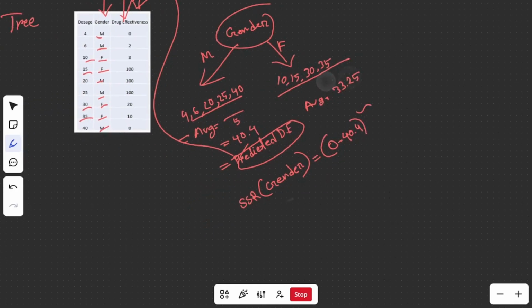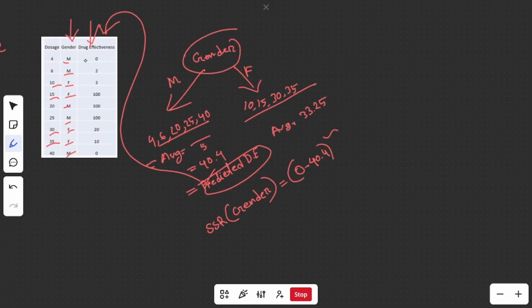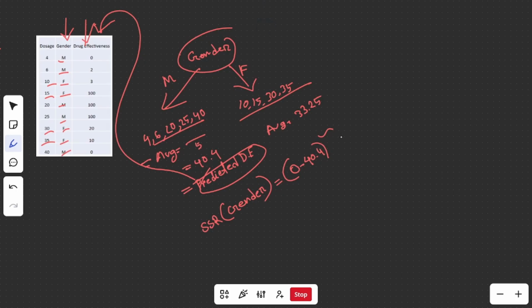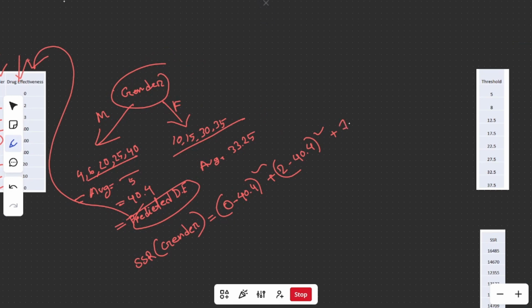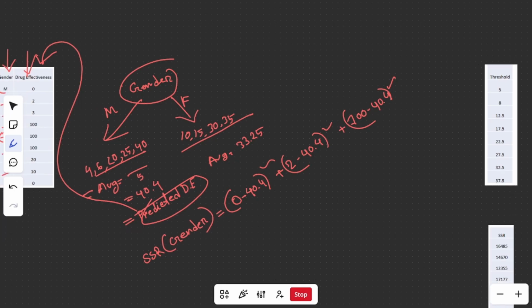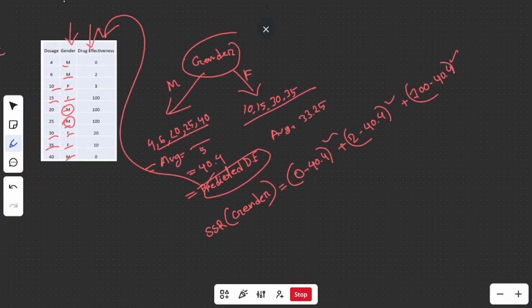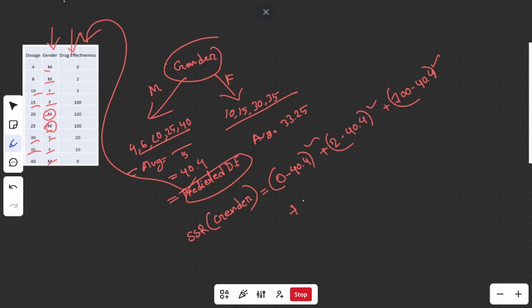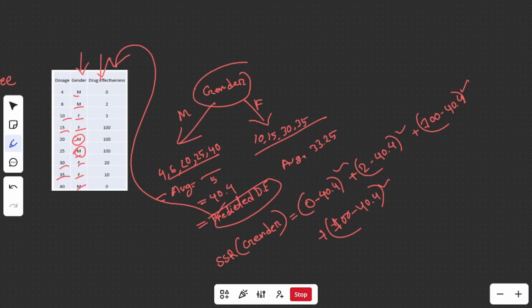The same way male 2 plus 2 minus 40.4 whole square, then male 100 minus 40.4 whole square, then male plus 100 minus 40.4 whole square, and then male 0 minus 40.4 whole square.